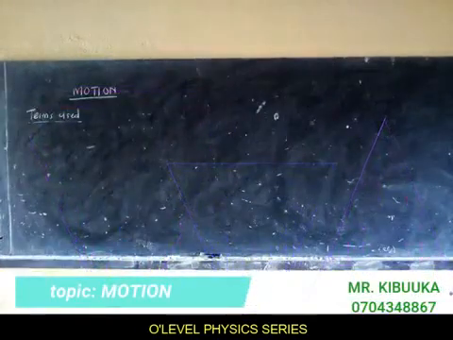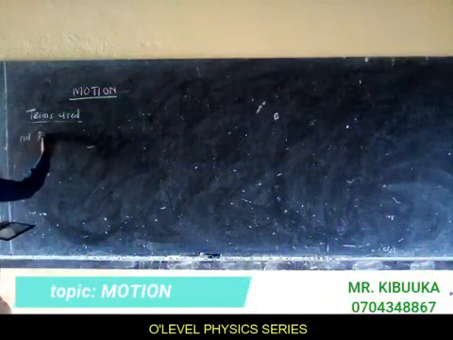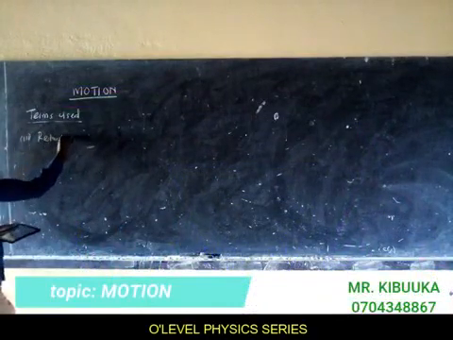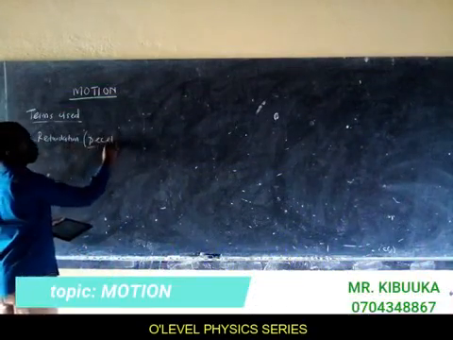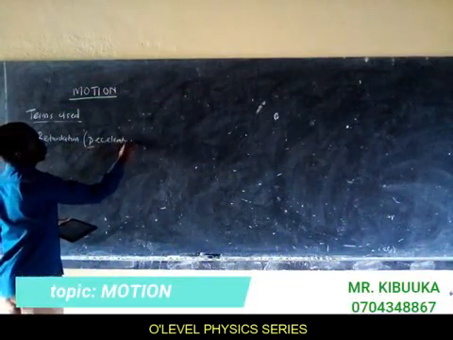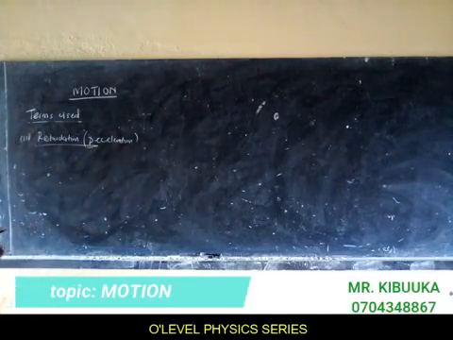And under acceleration, we have the Roman number V, that is retardation. Retardation is sometimes called deceleration. Retardation refers to a negative acceleration.